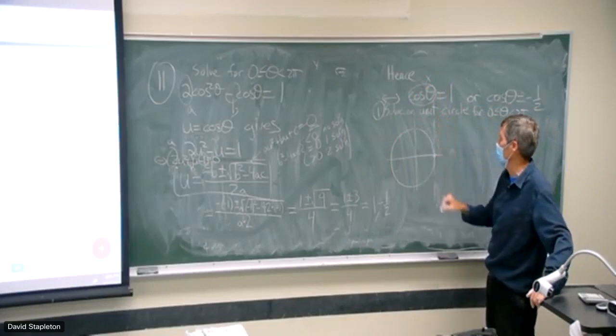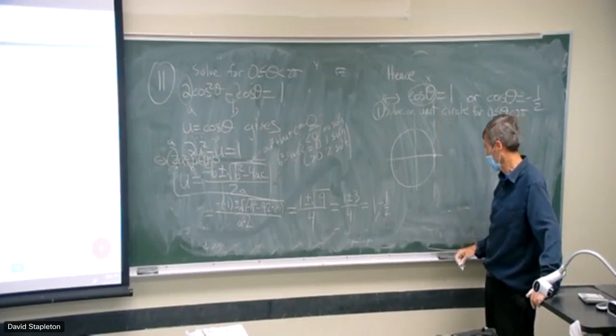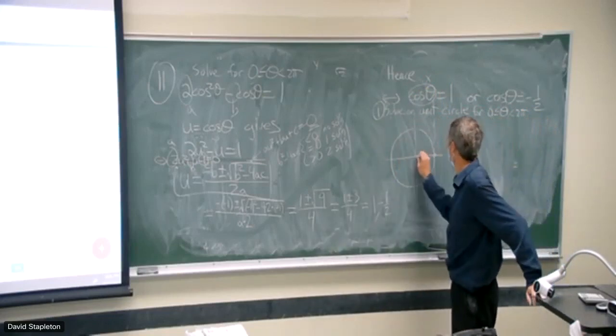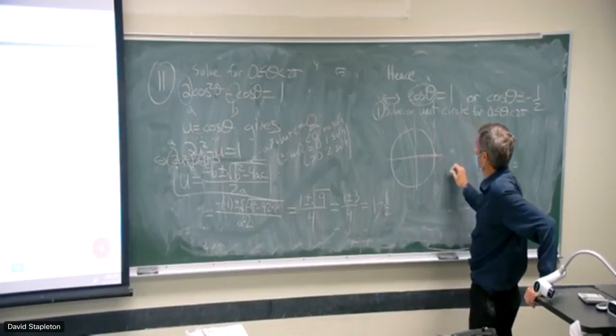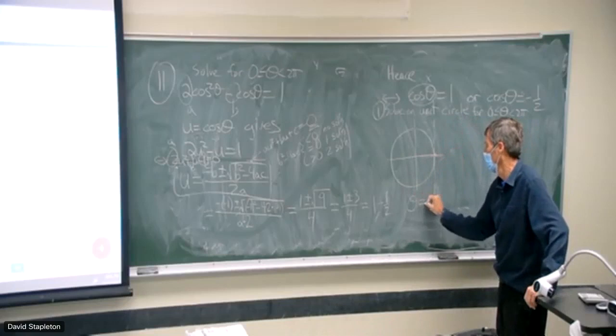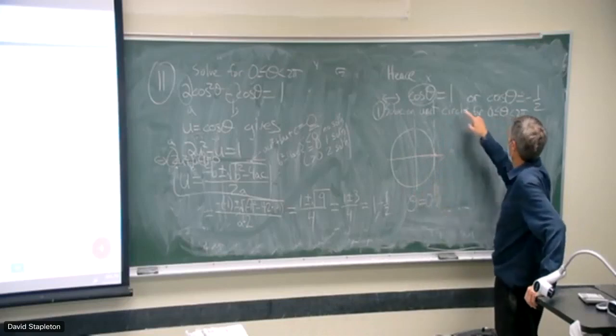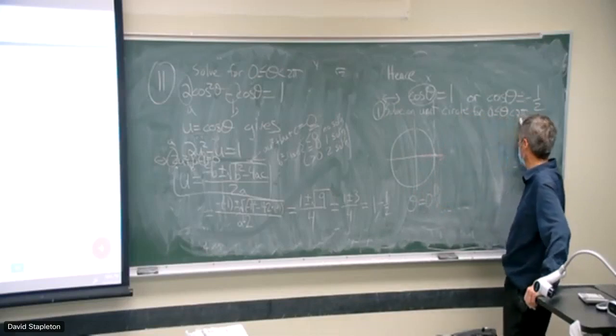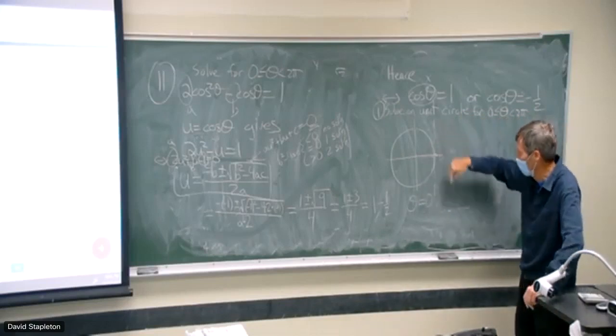So it only touches it in one place instead of two. There's only one possible terminal ray. It's this one right here at 0. So the solution here is theta equals 0. Only one solution. Since I put strictly less than 2 pi, don't include 2 pi. Be careful on the instructions whether it includes 2 pi or not. 2 pi would be another one.